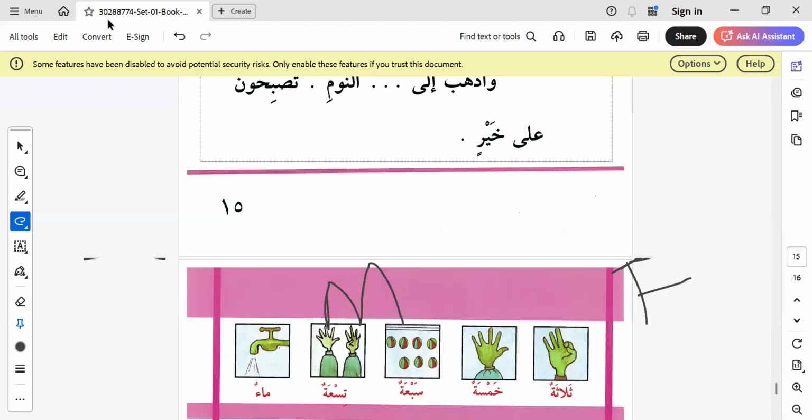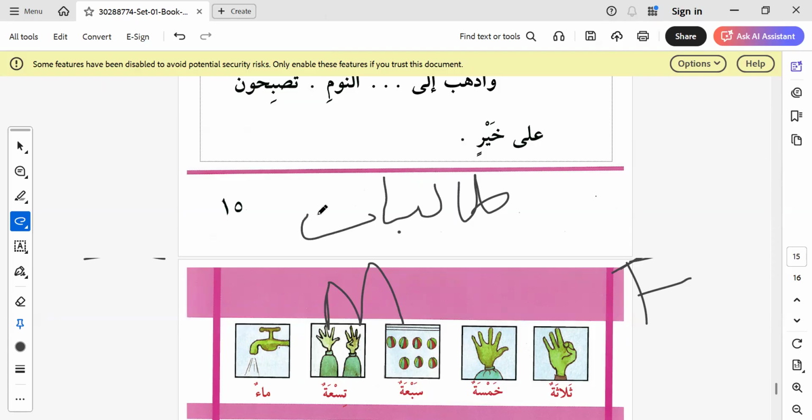ثلاثة طلاب. No, that is still 3 male students. But how do you say 3 female students? ثلاثة طلابات. No. Okay, let me help you with the female student. Female student is طالبة, then طالبات.